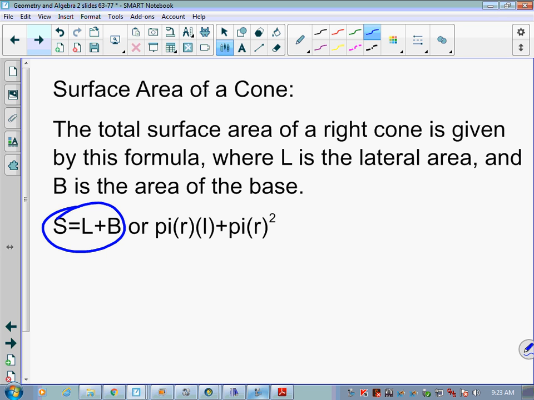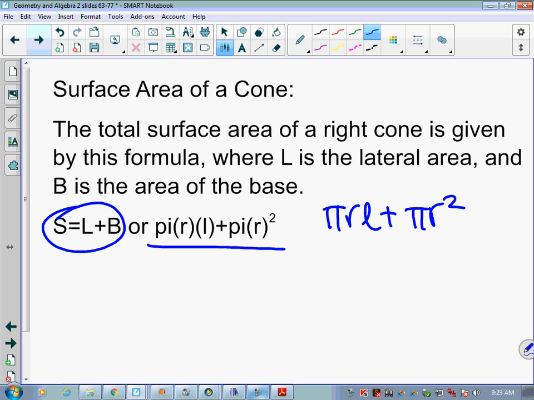I don't really like that because it assumes you're automatically going to remember what B is in terms of the formula. So the full formula for finding surface area of a cone is pi r L plus pi r squared. Pi r squared is the area of that circular base that the cone has.